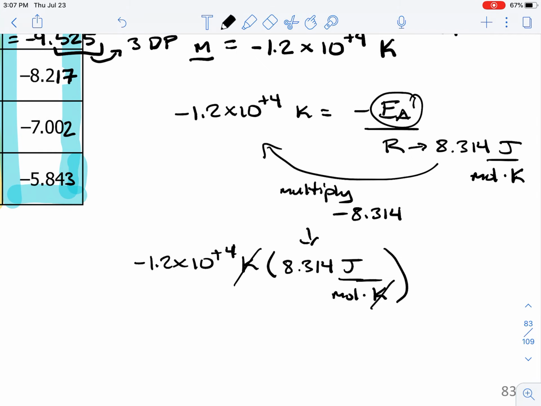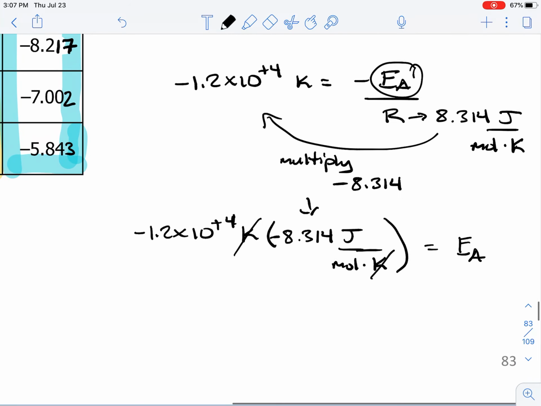So notice that the Kelvin units will cancel, leaving us with the activation energy. And multiplying these two values is going to give us a positive value of 1.0 times 10 to the positive 5. And so that's going to be joules per mole.